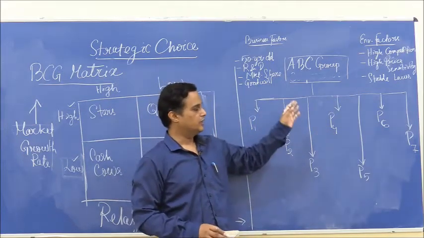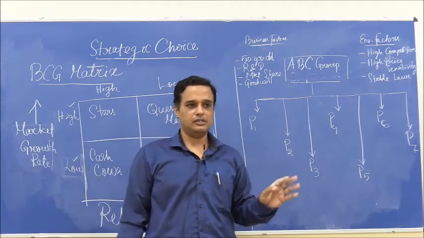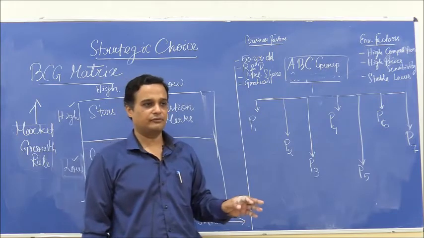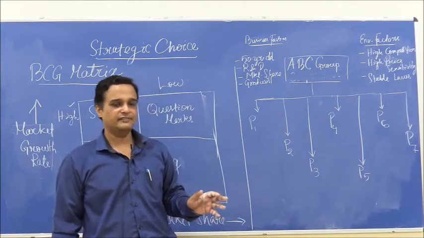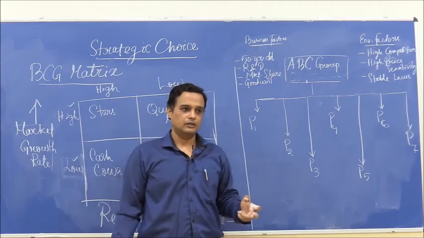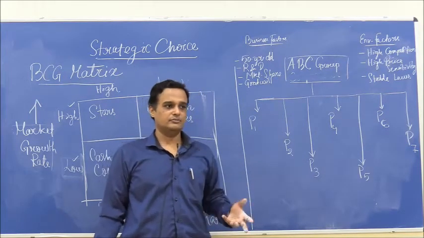Now, it is important to remember that all the portfolio analysis tools, apart from McKinsey's 7S framework, have been devised to analyze or evaluate SBUs or strategic business units. What does this mean?